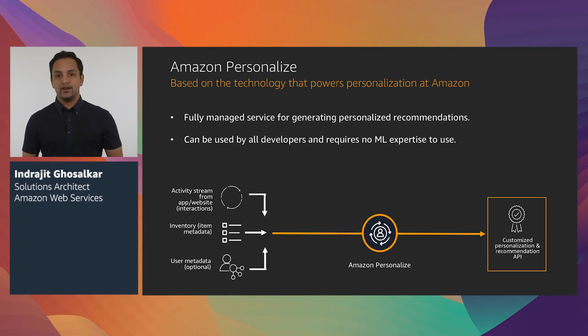Inventory, aka catalog, which details about your items, item ID, price, genre, etc. User details, it's about user age, gender, etc. Once you get the data, it is very simple to get a trained personalization model in Personalize. And then, when getting recommendations using real-time APIs, the entire process above can be completed with 5 API calls. Yes. The models trained are custom to you and are private to you.